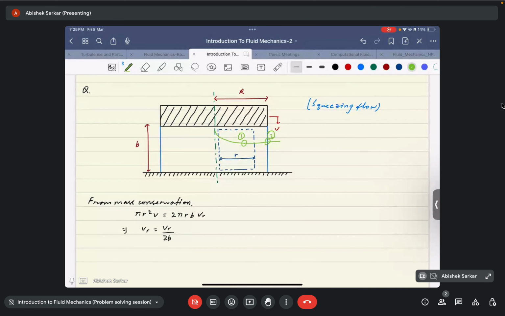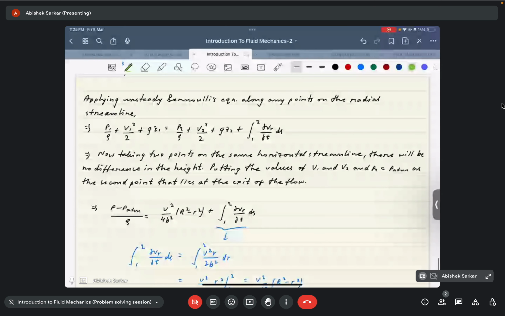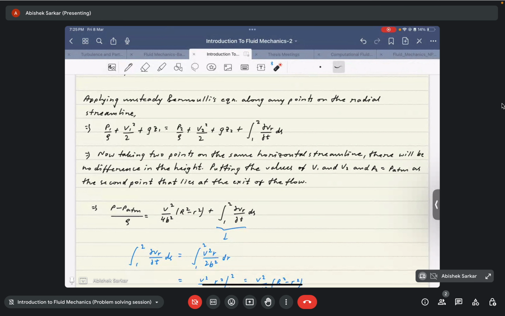So z1 would be equal to z2, right? Considering the 2 points to be on the same horizontal level, the equation can be further simplified.